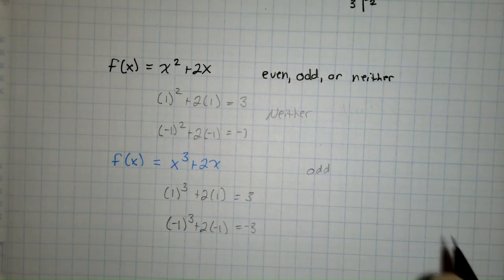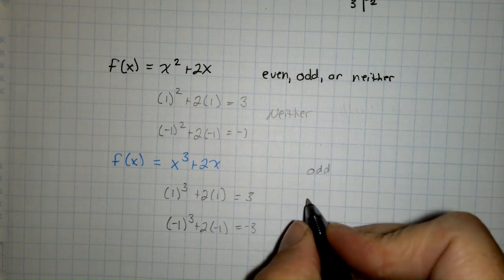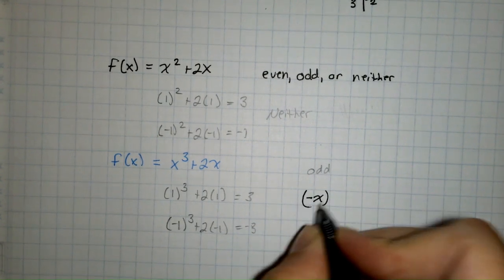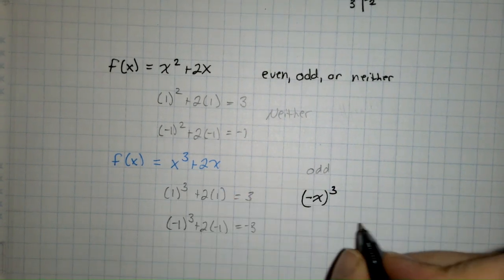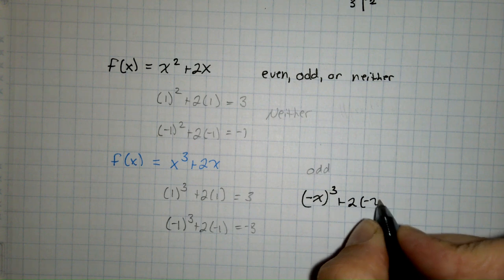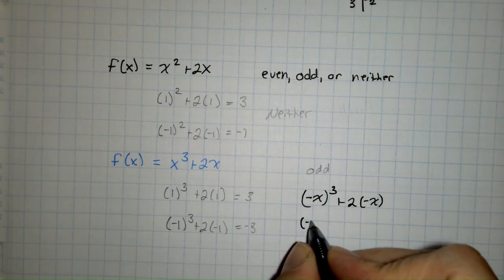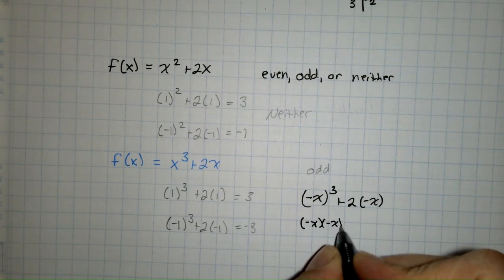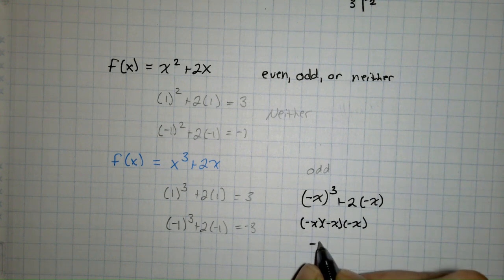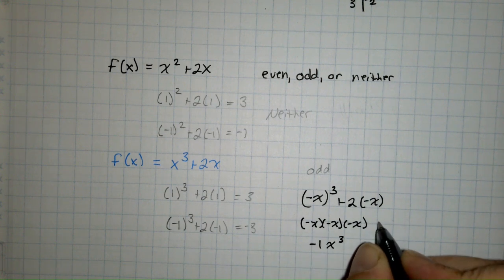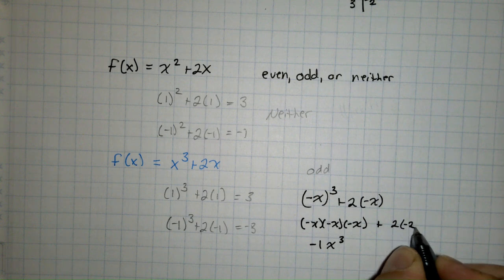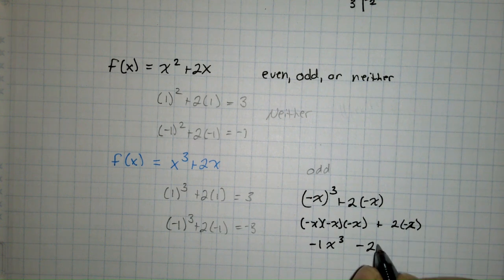And the reason for that is, if I substitute -x in instead of the positive x that's here, -x times -x times -x is -1x cubed, plus 2 times -x is -2x.